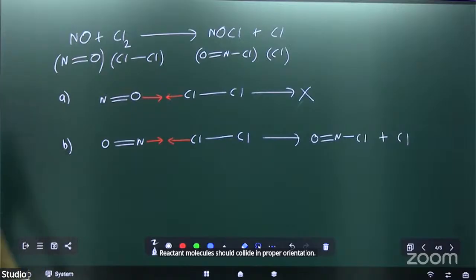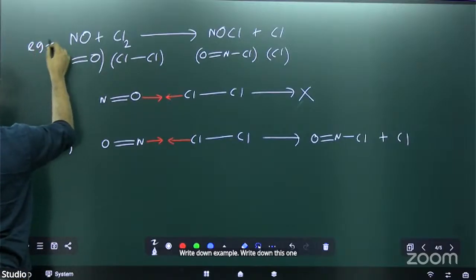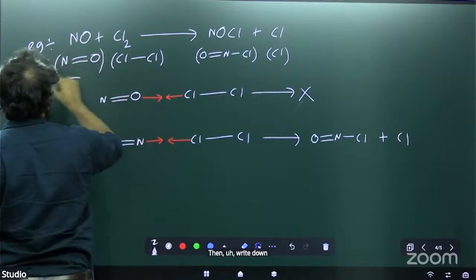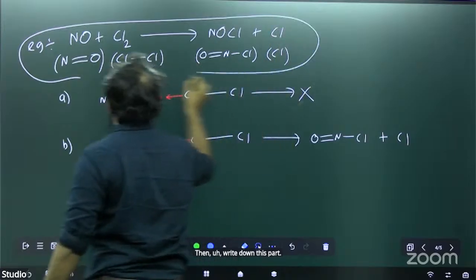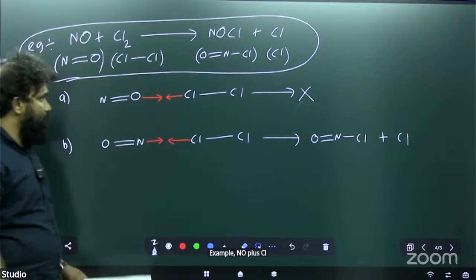Write down the example. Example: NO plus Cl2 gives NOCl plus Cl.